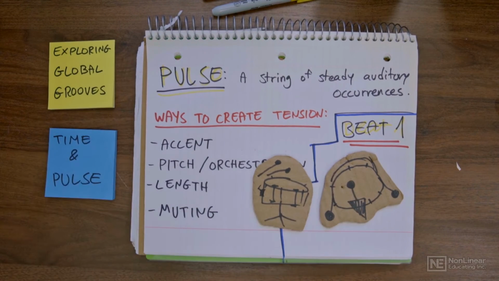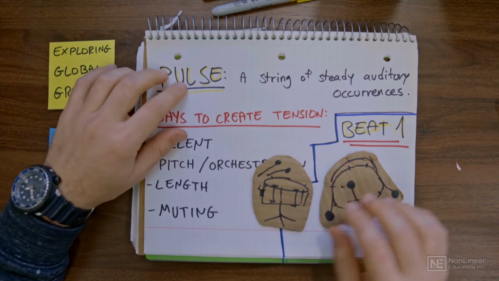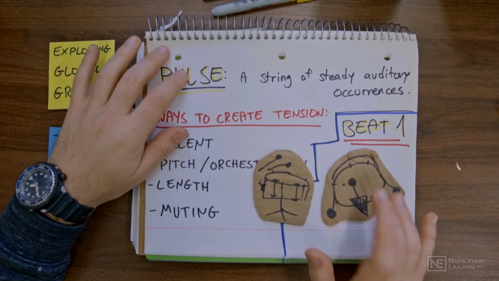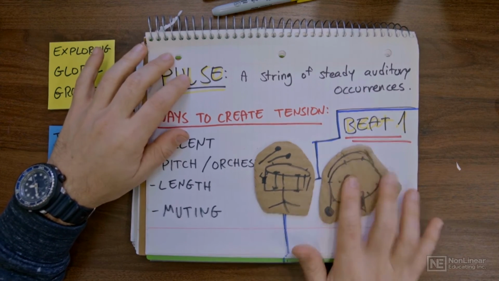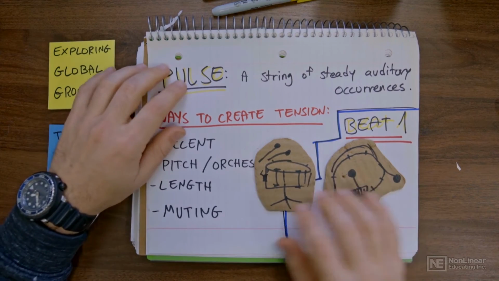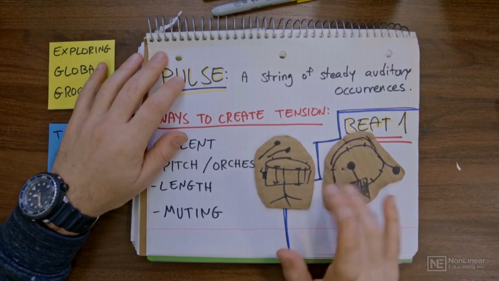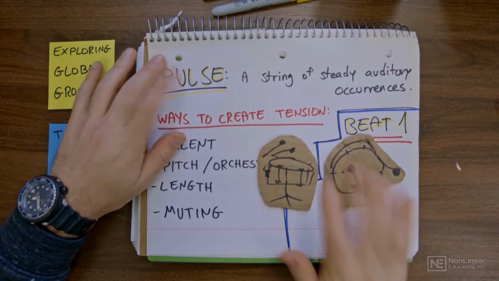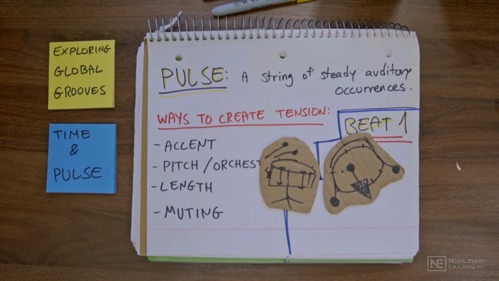And it creates a certain feel. I can also place it here, for example. 3, 4, 1, 2, 1, 2, 1, 2, 1, 2. Or even here. 3 and 1, 2, 1, 2, 1, 2, 1, 2, 1. And that creates yet another feel.